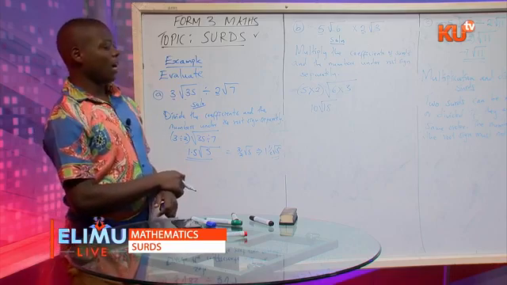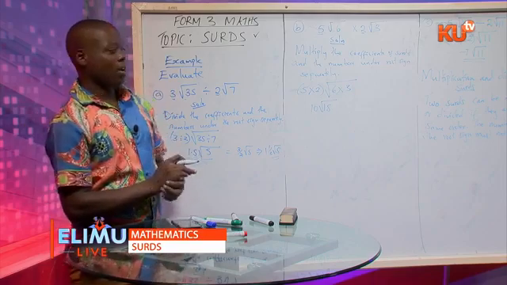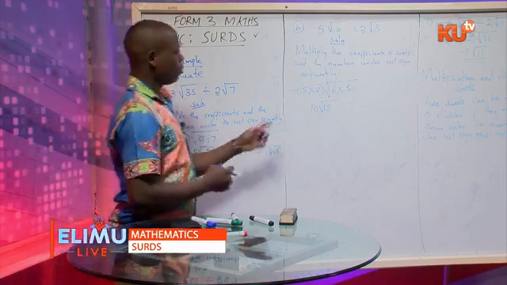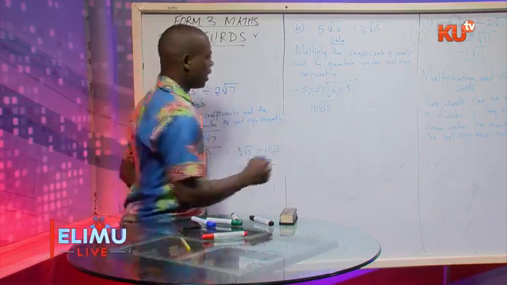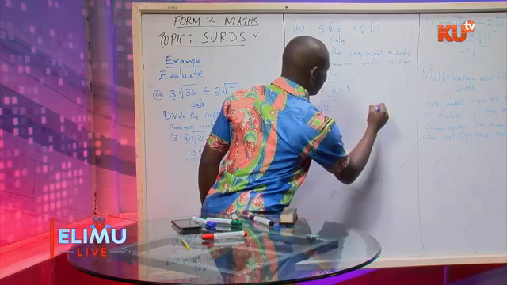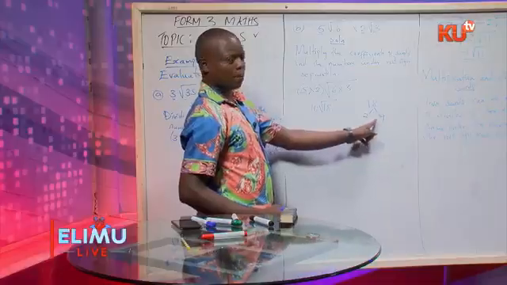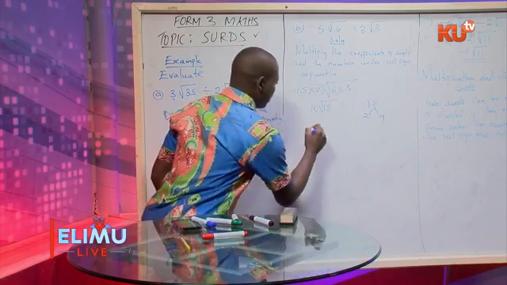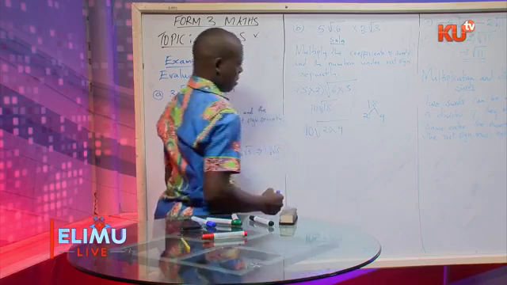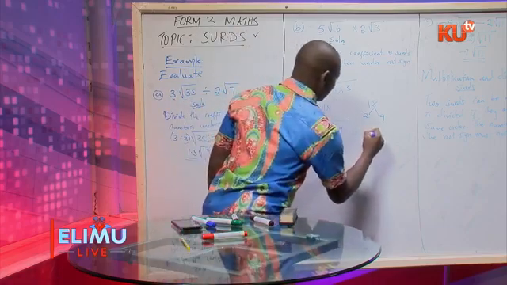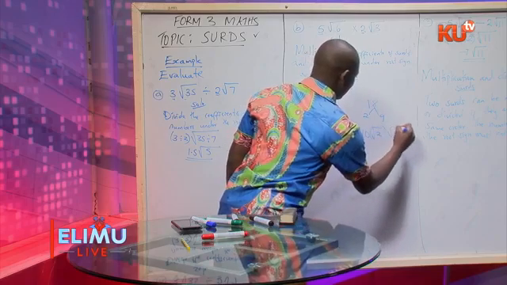18 can be simplified further because it's a composite number. If it's a composite number, you try to simplify, and we've done the simplification of surds. So 18 is 2 times 9, and we can get the exact square root of 9. So I replace it here and say 10 root 2 times 9. This means 10 root 2, then times root 9.